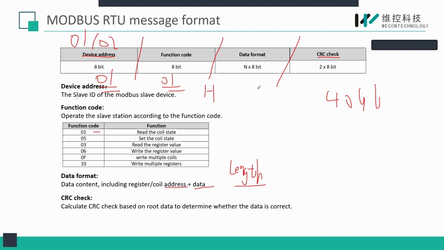If we use hex, it is hex 1000, and the last is 01, and add the CRC check. So that is the message we send to the device to read coil 4096 from the device.